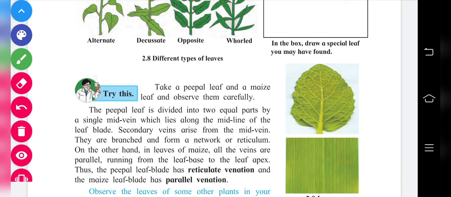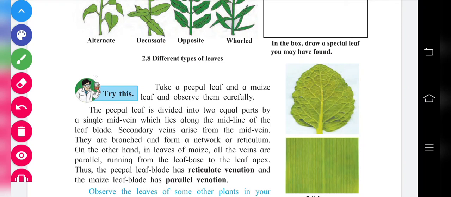The main difference is that in pipal leaves the venation is reticulate, and in maize leaves the venation is parallel. Pipal leaves are leaves of a dicotyledonous plant, and maize leaves are of a monocotyledonous plant.